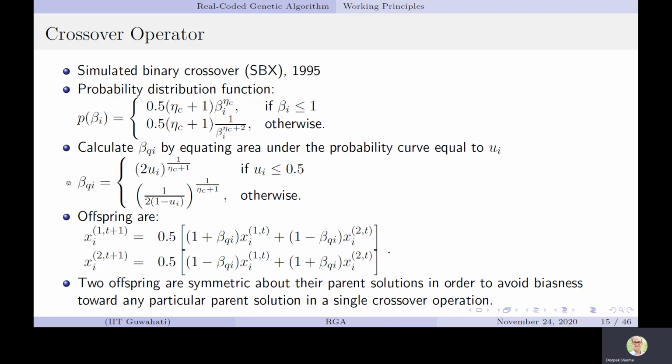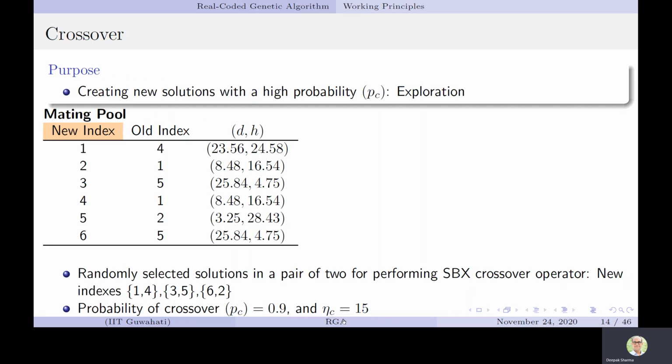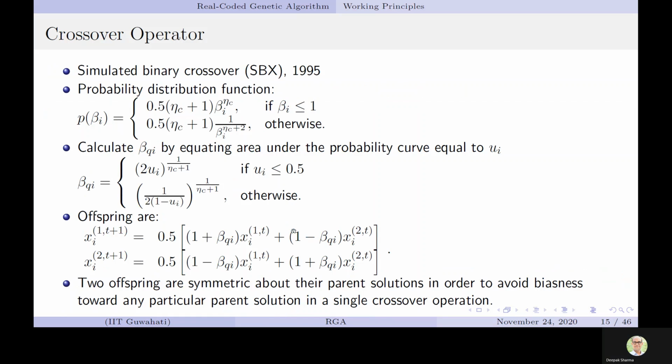Based on that, the beta value is given as 2 times ui, where ui is a random number between 0 and 1 given by the computer, raised to the power 1 divided by eta c plus 1. Now eta c is the user defined factor needed for the SBX operator, and we have to choose it. If I go back, we have chosen eta c as 15, as you can see at the bottom.